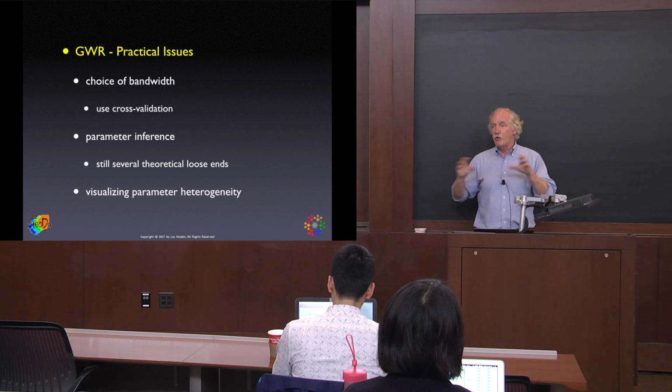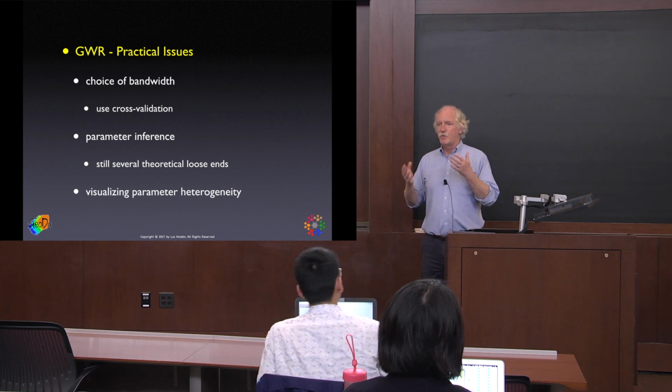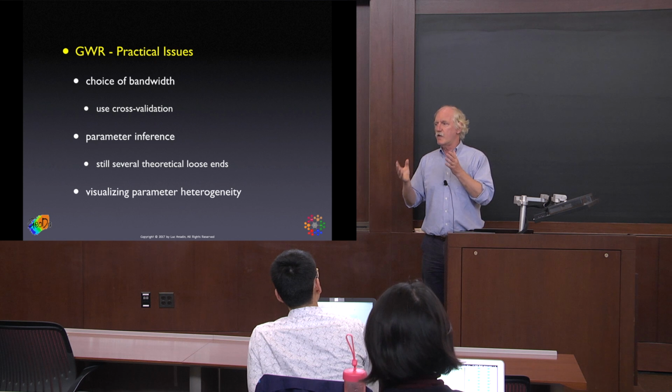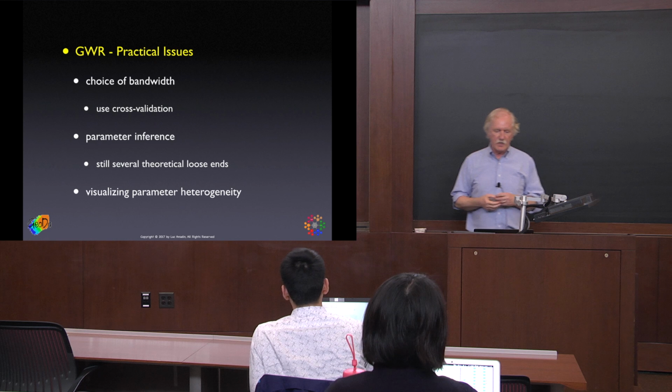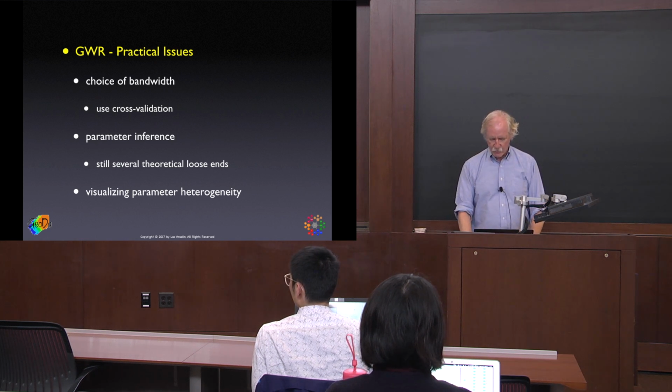Because in a multivariate setting, the precision of one estimate is not independent of the precision of other estimates. Everything hangs together, and so that can be quite complex. But I think it's an excellent way to visualize potential parameter heterogeneity.